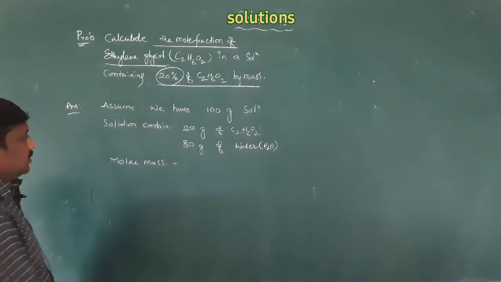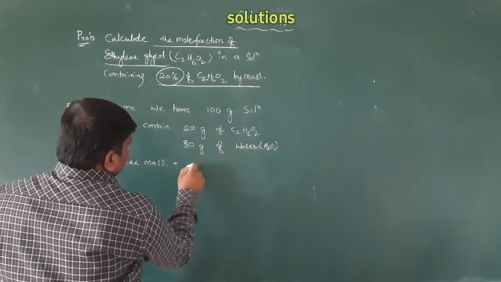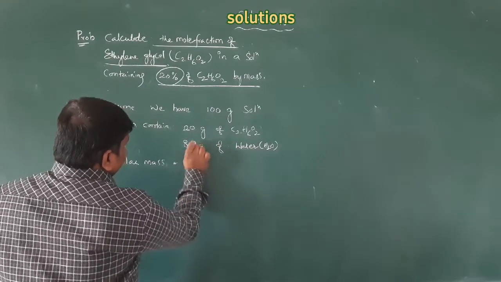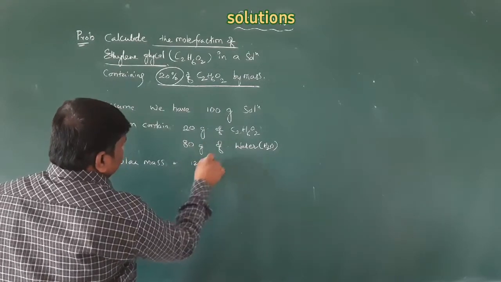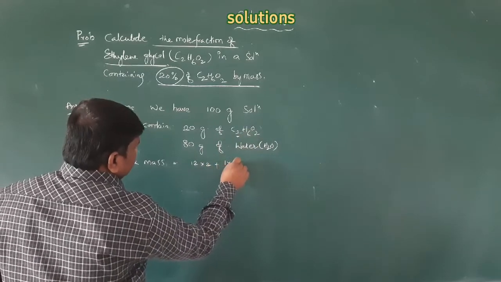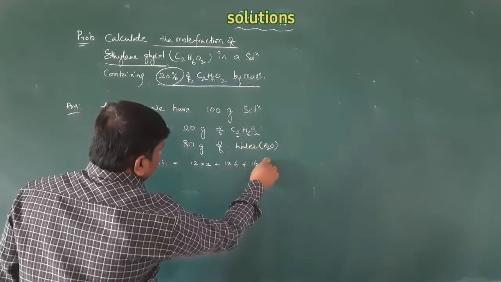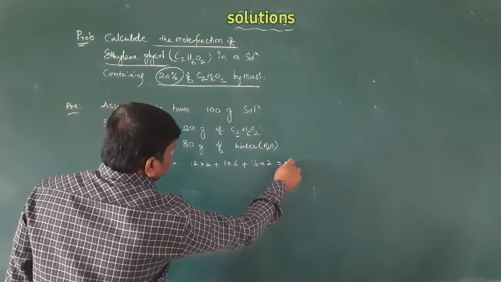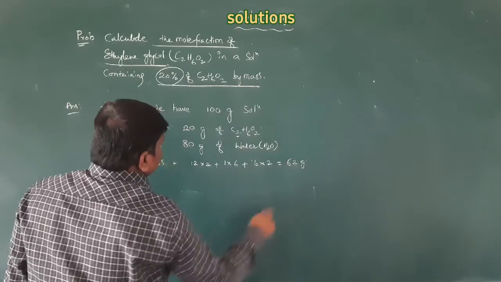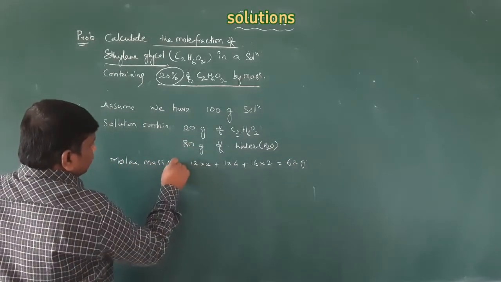Molar mass is equal to: C2 means carbon, 12 times 2, plus hydrogen 1 into 6, plus oxygen 16 into 2, that means 62 grams. This is the molar mass of ethylene glycol.